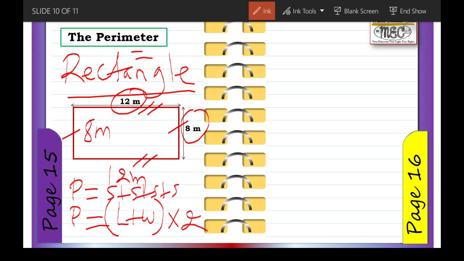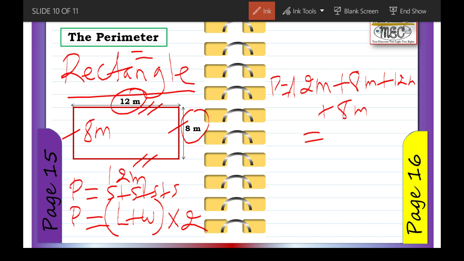Now, for that shape, the perimeter will be equal to 12 meters plus 8 meters plus 12 meters plus 8 meters. This is our perimeter. You can calculate and then you tell me the answer.